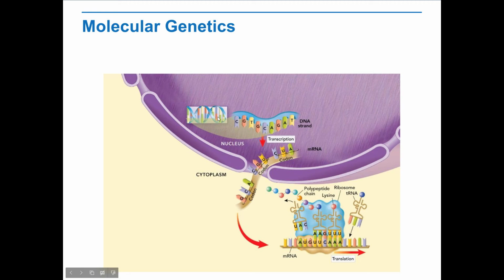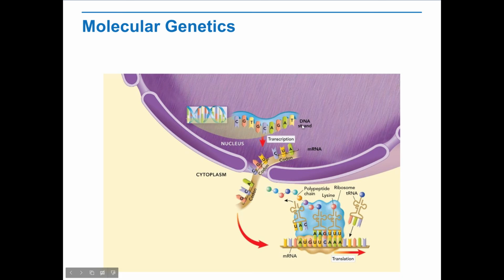Well, this is how it's all done, right? Our different phenotypes that we express, our hair color, our eye color, are determined by our genes. And how it does that is it's got to express those genes, and it expresses them in this way. So it makes your mRNA, which has that information, then it goes to the ribosome and it makes a protein. And it's actually this protein that would be formed that would then determine our phenotype.